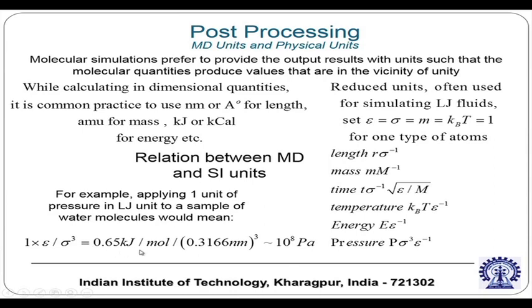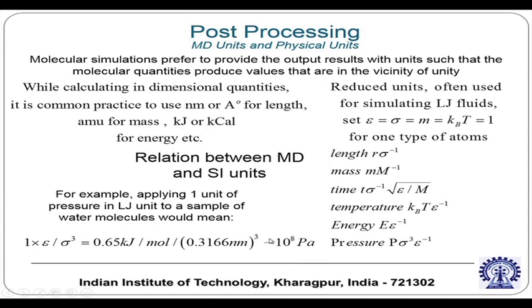So if you use the typical value of epsilon, that is 0.65 kilojoule per mole, this is basically the interaction energy parameter, and sigma 0.3166 nanometer, I mean the typical length scale of the water molecule, then that is roughly 10 to the power 8 Pascal.